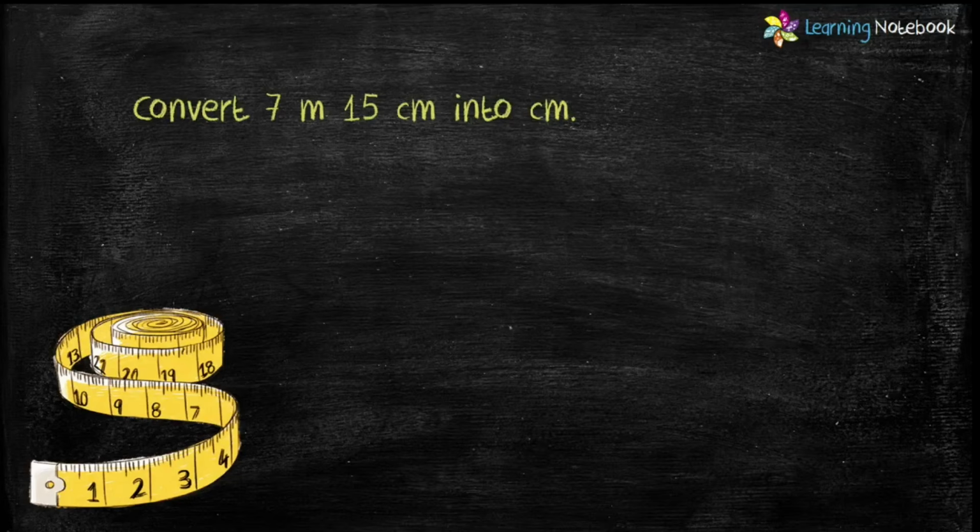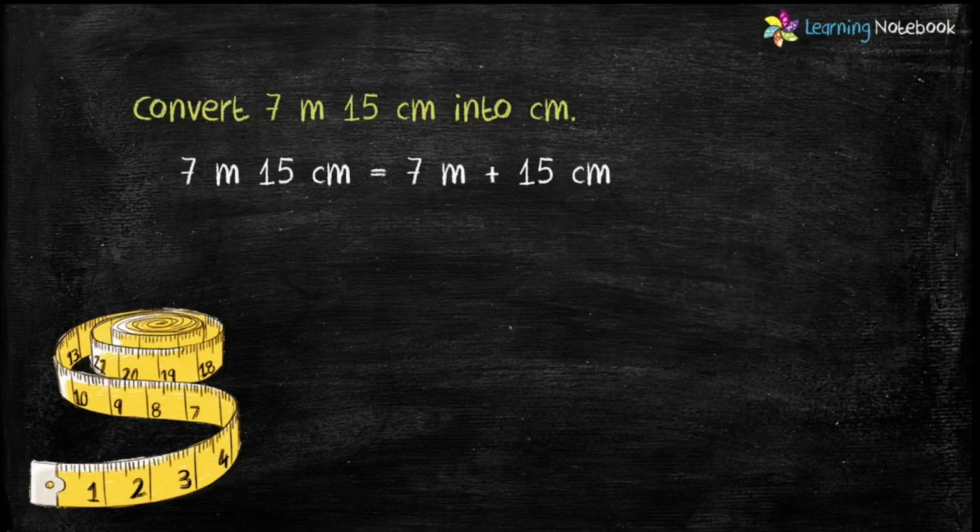Convert 7 meter 15 centimeter into centimeter. 7 meter 15 centimeter means 7 meter plus 15 centimeter. Now we have two terms, 7 meter and 15 centimeter. 15 is already in centimeter. So let's convert 7 meter into centimeter.